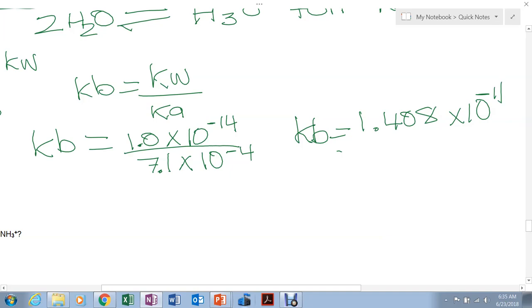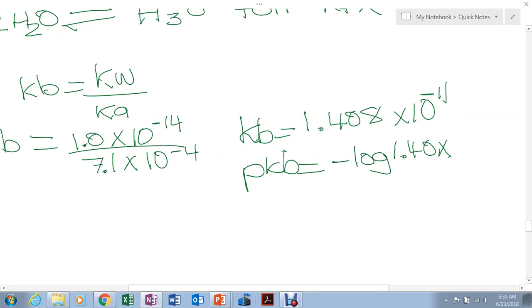So pKb would be minus log of this value, 1.408 times 10 to the minus 11. So pKb would be equal to 10.85.